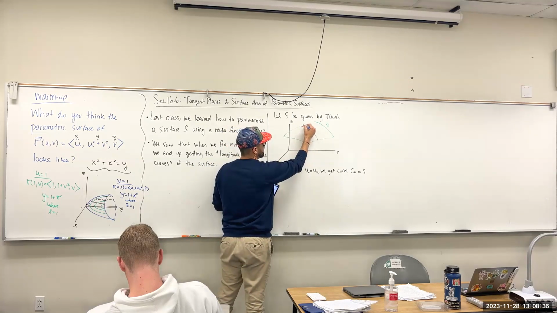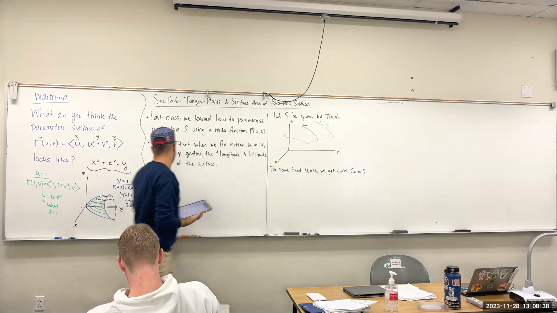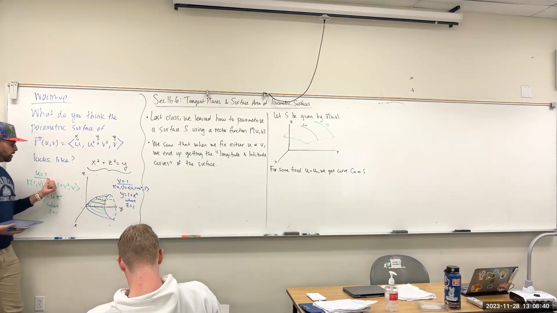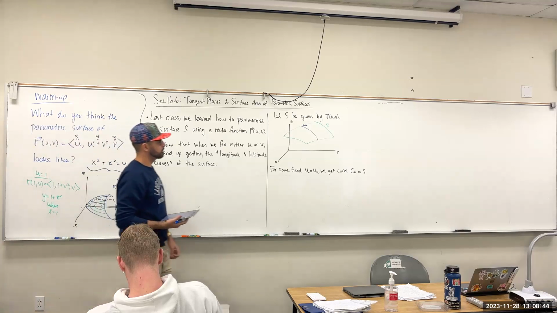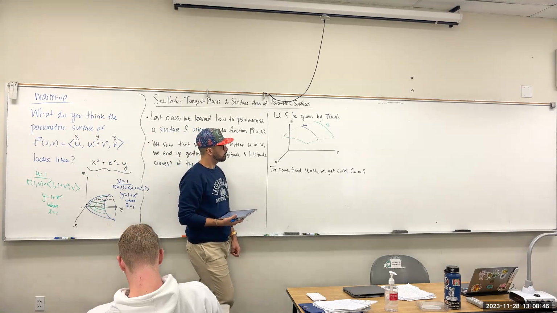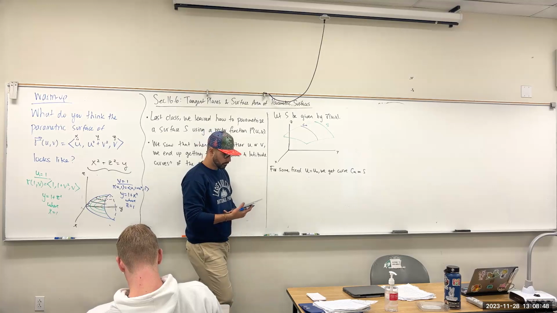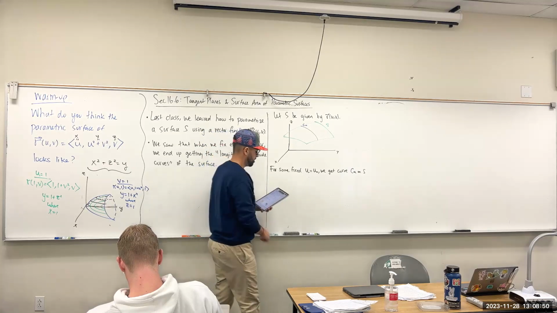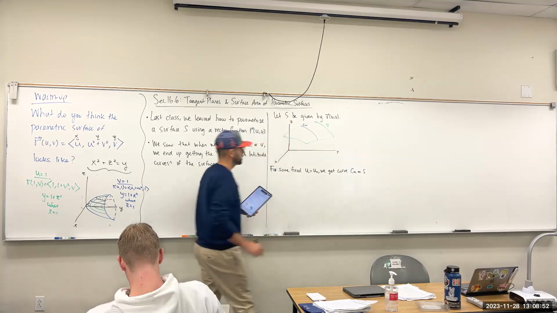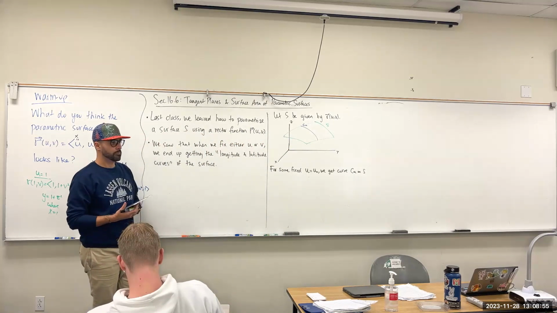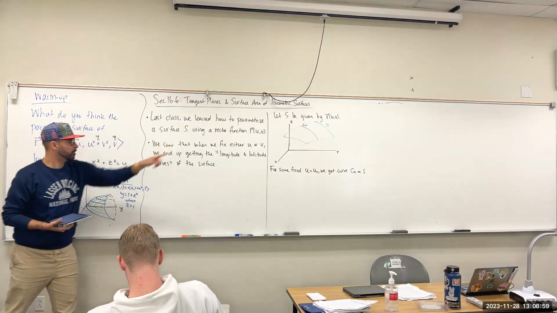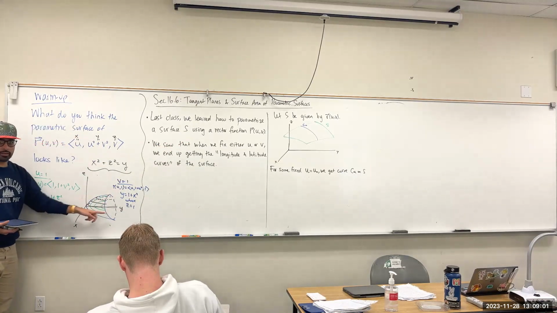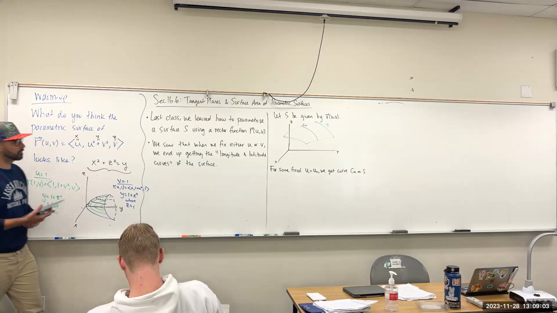This is curve Cu. Kind of the way when we let u equal 1, we got the parabola. So that Cu curve is like the parabola that we had here when we let u equal 1.